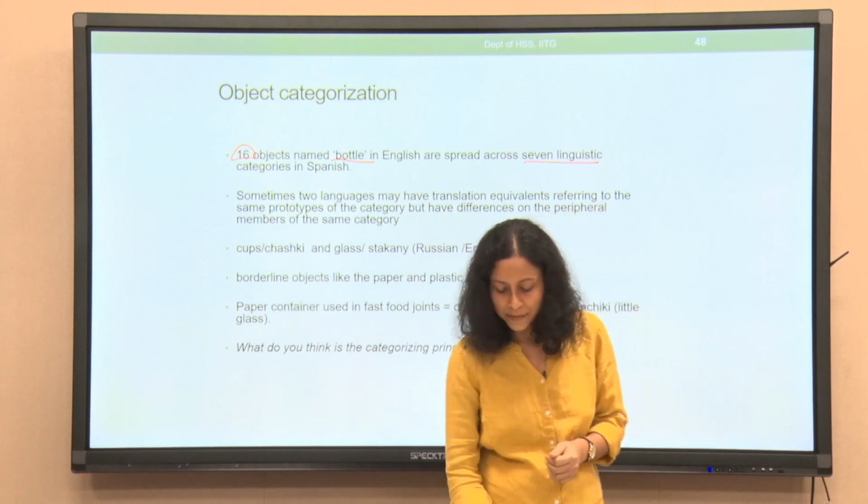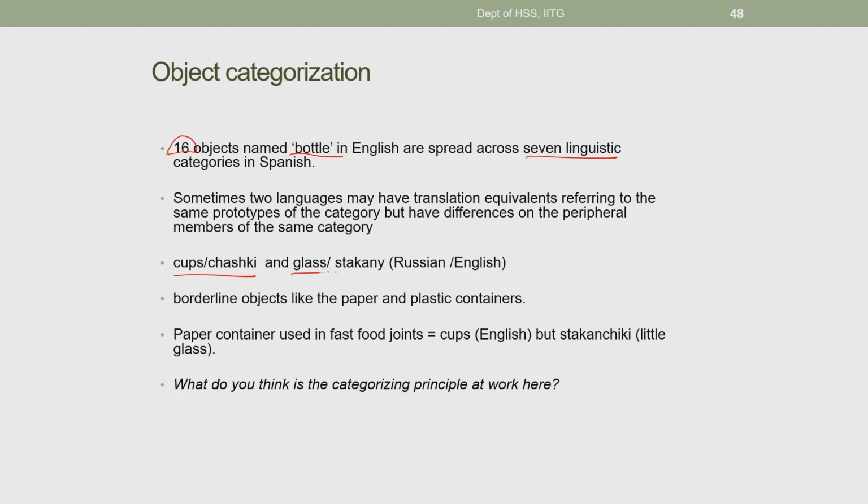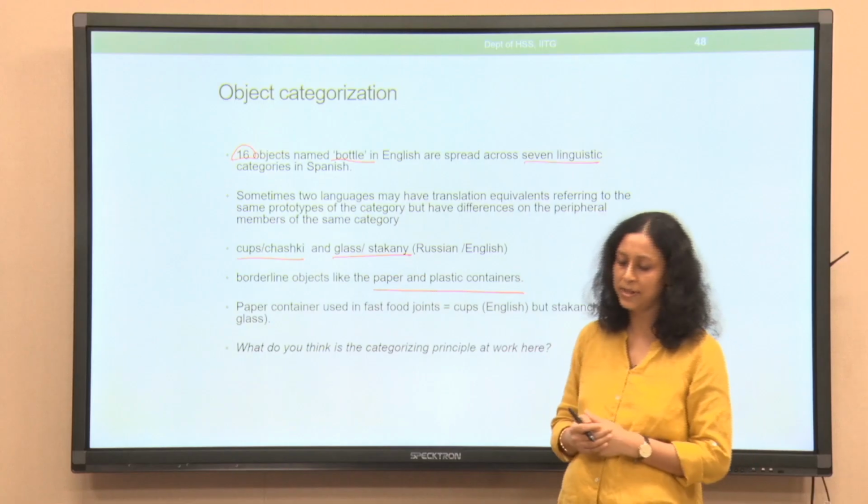For example, in case of Russian versus English, you see the prototypes agree. What is a cup and what is a glass, Russian and English agree with each other on this. However, when it comes to the borderline members of the same category, there is a lot of disagreement.